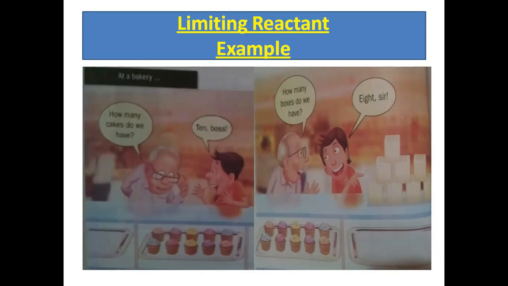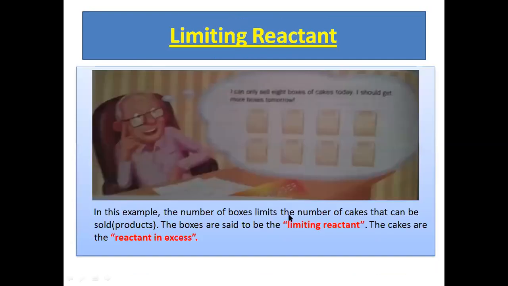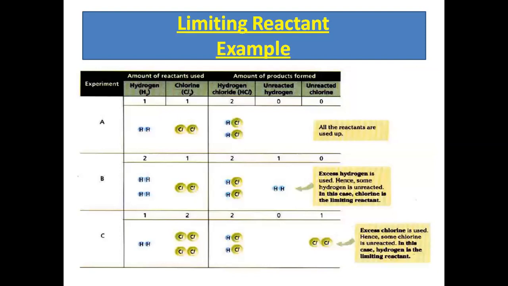As he has only 8 boxes, the boxes limit the number of cakes that can be sold. The boxes are said to be the limiting reactant, and the cakes are the reactant in excess, right?